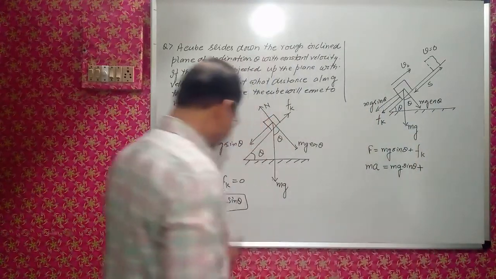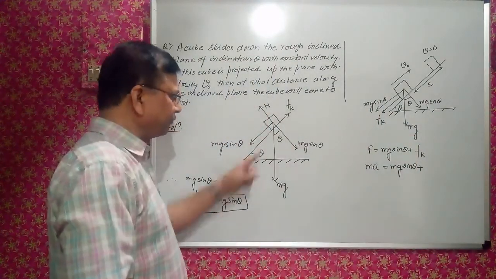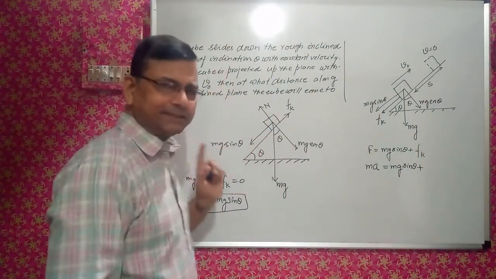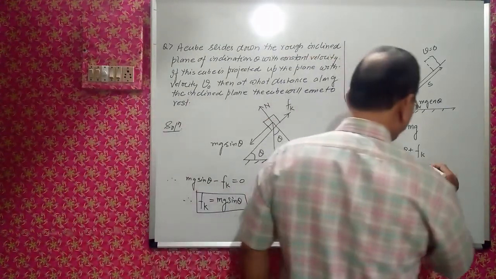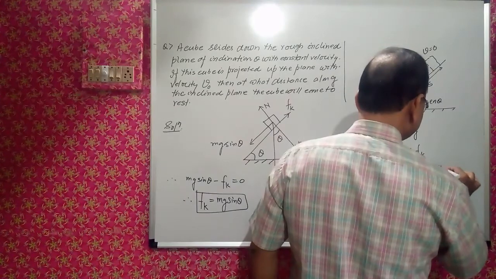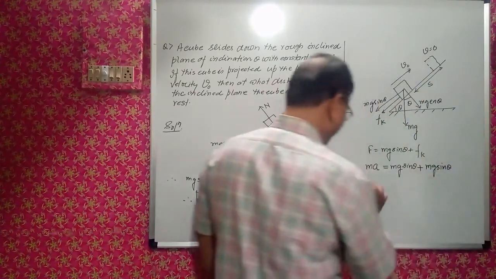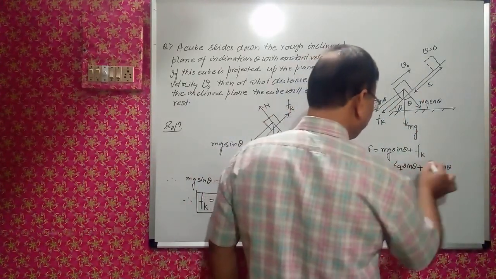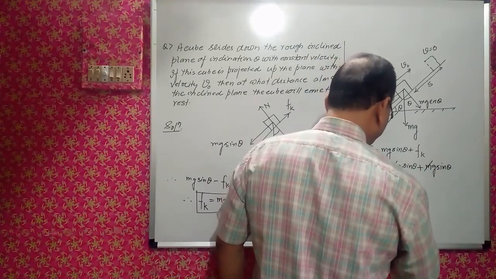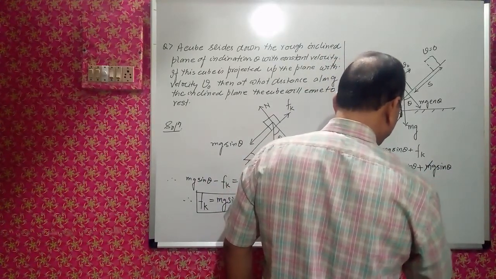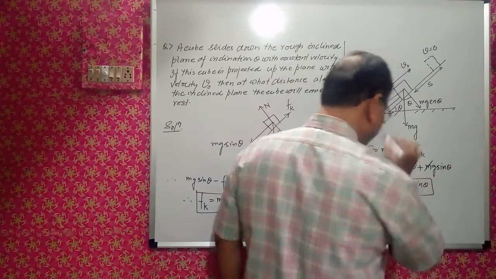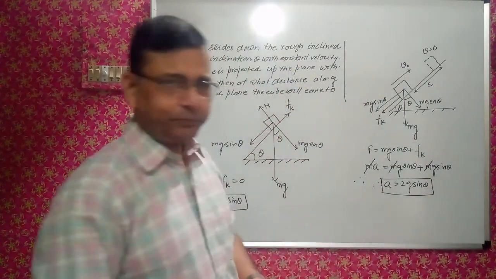It is constant, and fk is equal to mg sin theta. We have got it from the first case. We found the value of fk from the first case, and we will put it here. So that is mg sin theta. Therefore m will cancel, and the retardation is 2g sin theta, and this is a constant retardation.